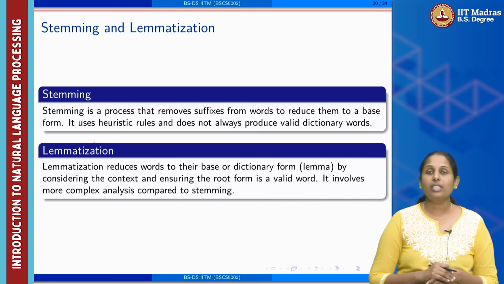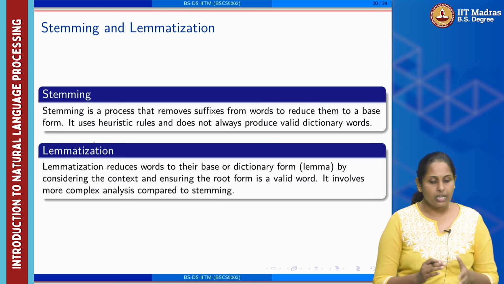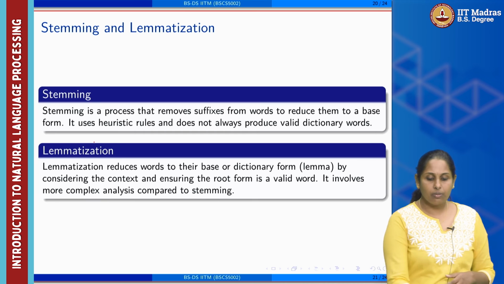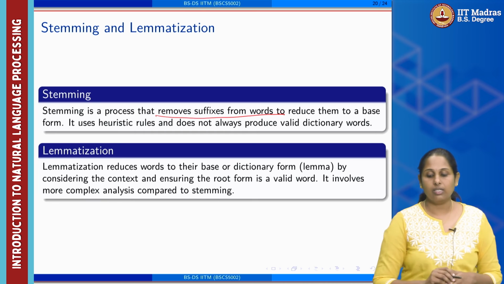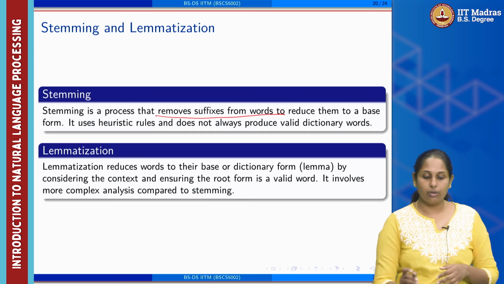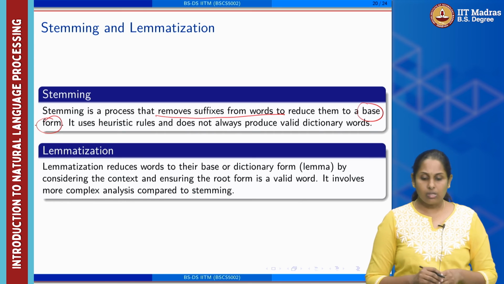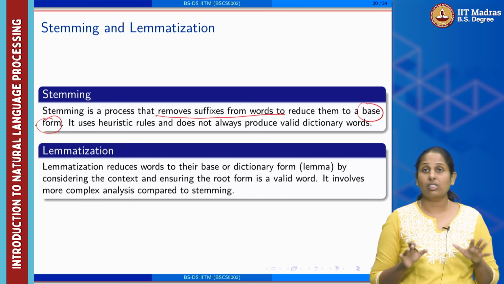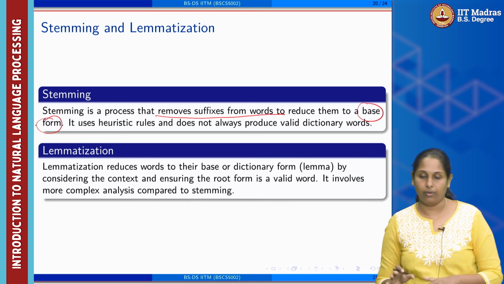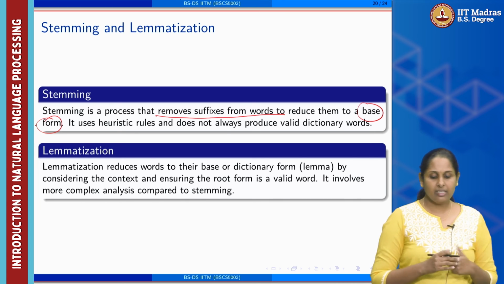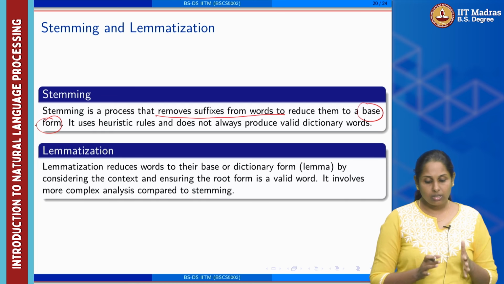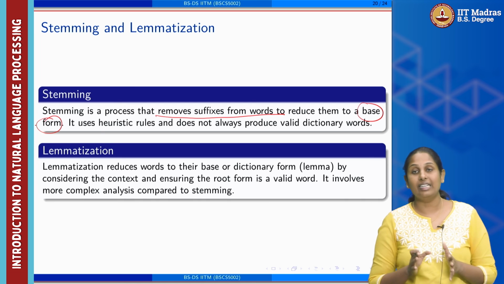So, now what is stemming? Stemming is a process that removes suffixes from words so that it reduces them to a base form, and it uses some kind of heuristic rules and does not always produce valid dictionary words. And lemmatization, on the other hand, reduces the words to their base or dictionary form.